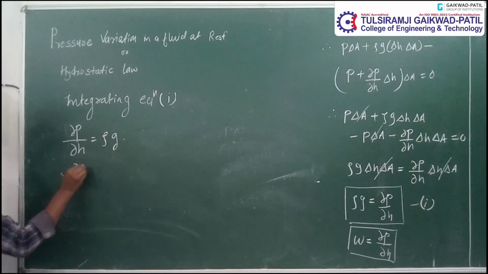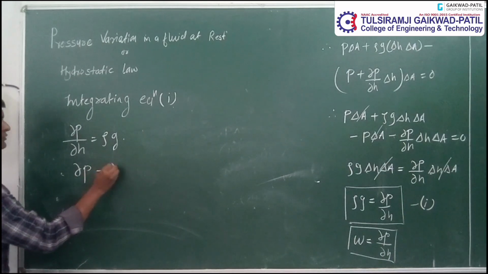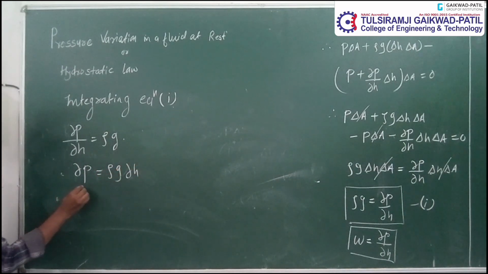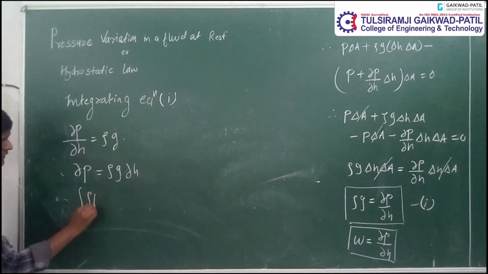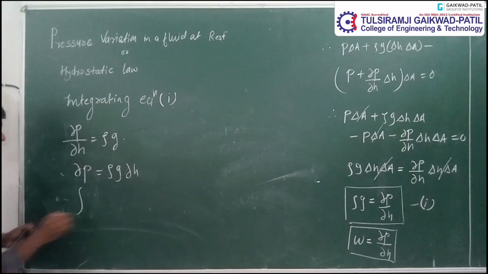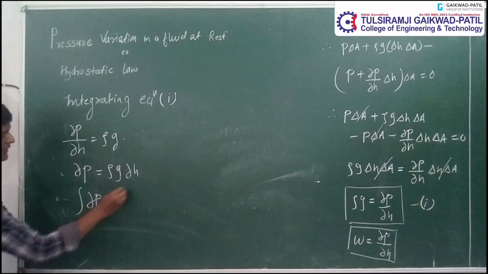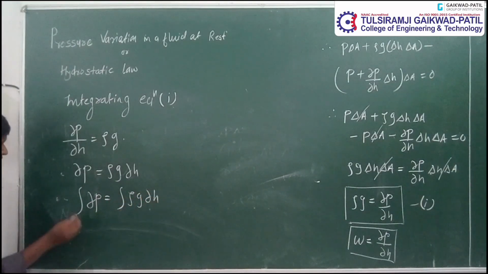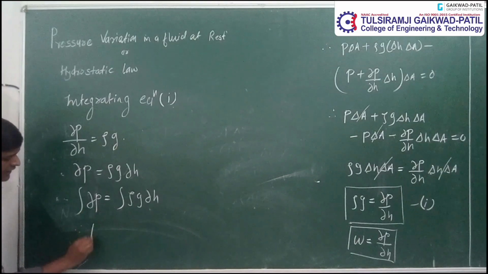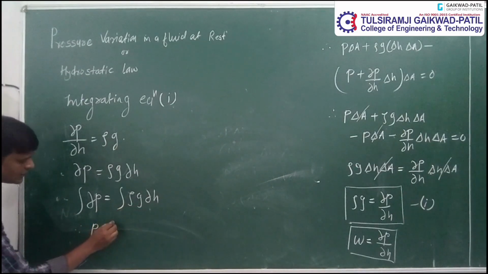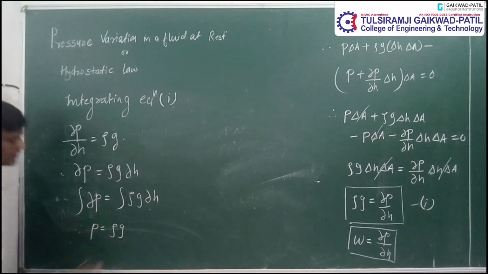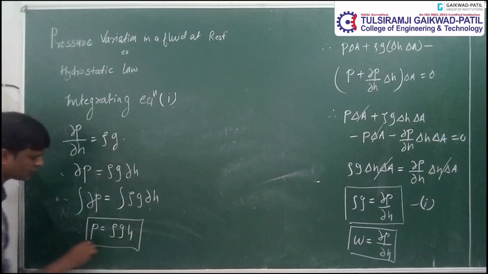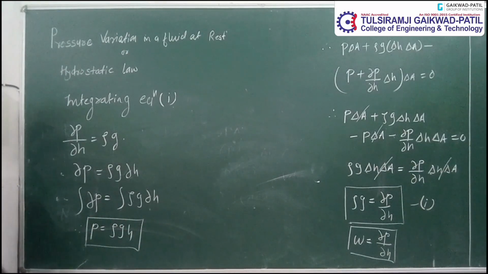Therefore, again we can write del P is equal to rho g into del H. After integration, del P is equal to the integration of rho g into del H. Therefore, the integration of del P is P, rho into g is a constant term, and therefore this is h. So this is the equation for the hydrostatic law.